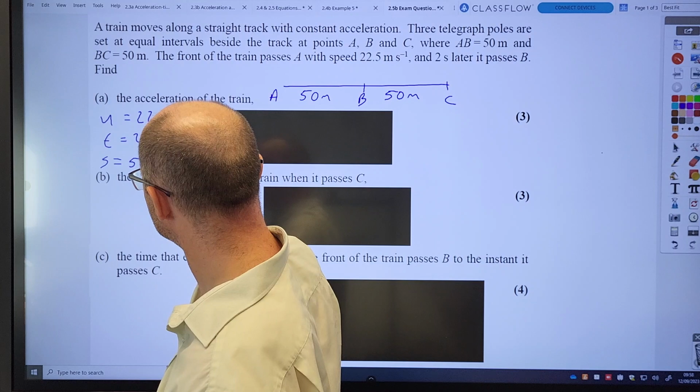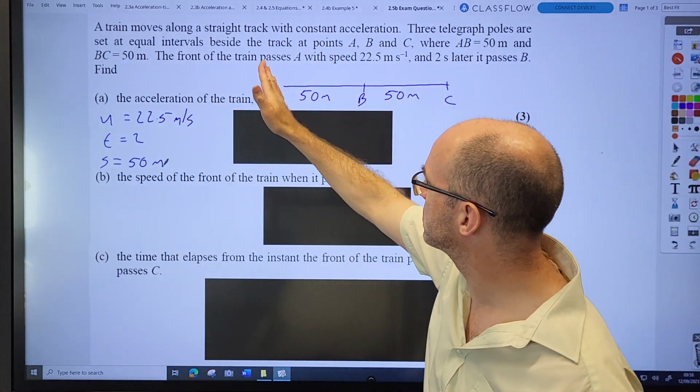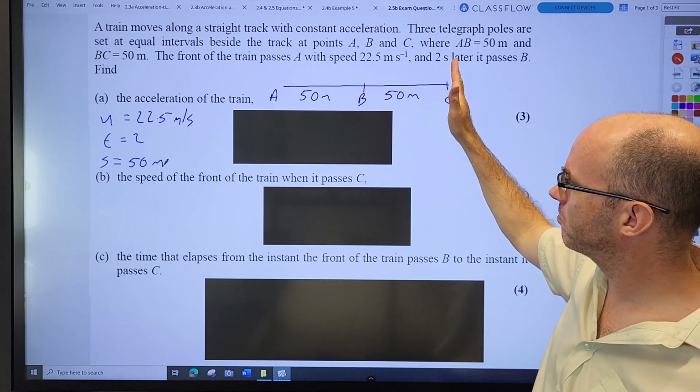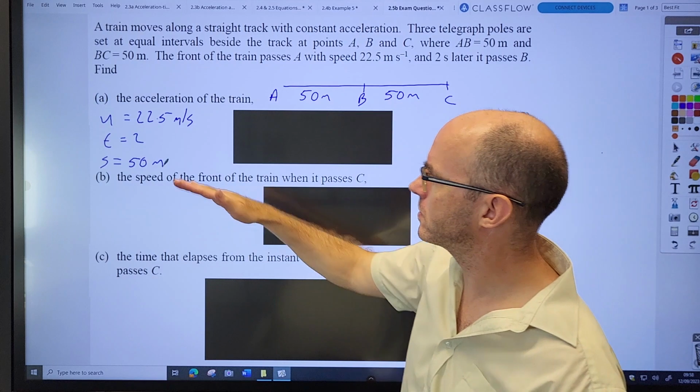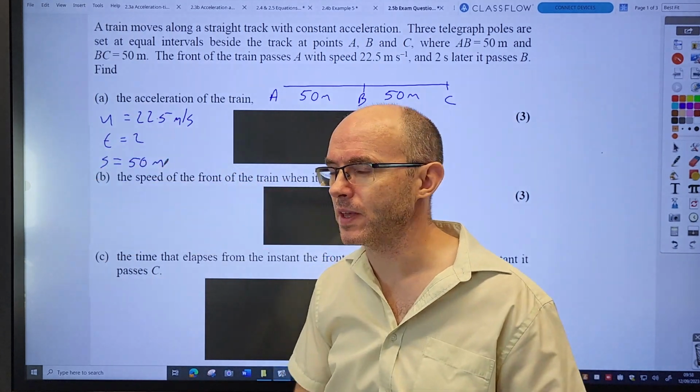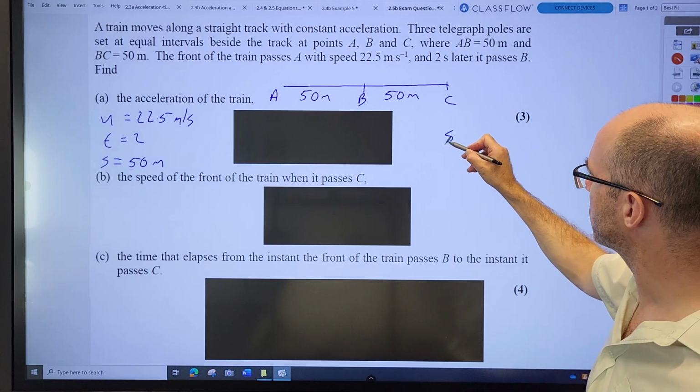That's important, because if we were considering from A to C, the displacement would be 100, but we don't know the time taken. And we don't know anything else. You need 3 bits of information to be able to use a formula.